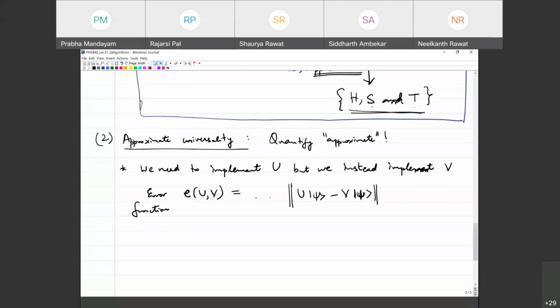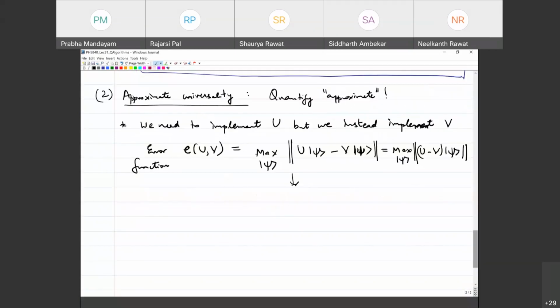So I have to really maximize this over all states. So what does this definition mean? I will write this more succinctly as max over psi of the norm of U minus V acting on psi.